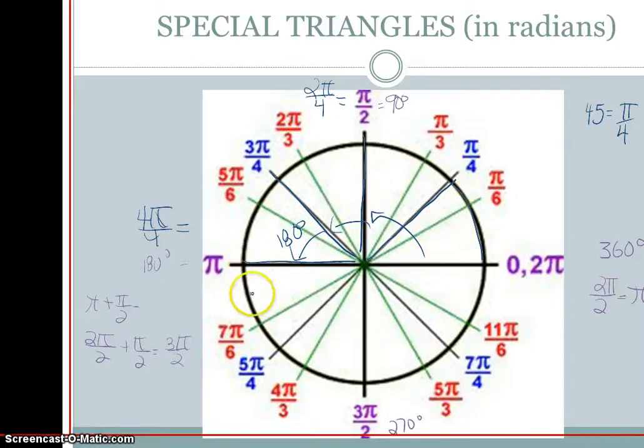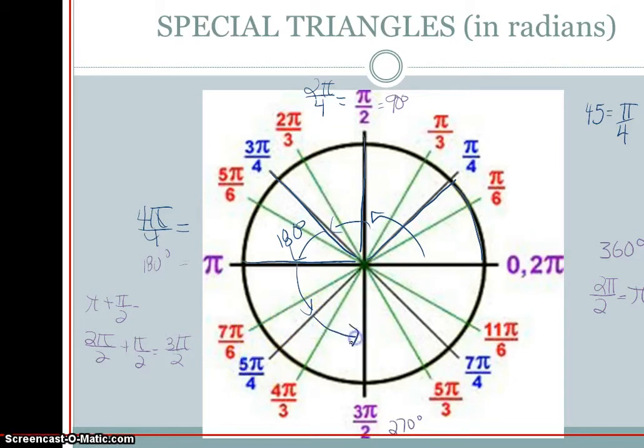We could break up this bottom part right here the same way. So we know that this piece, our pi, is 4 pi over 4. And if we break the bottom up into 4 equal pieces, we can keep adding pi over 4. So we have pi, so 4 pi over 4 plus another pi over 4 is 5 pi over 4.